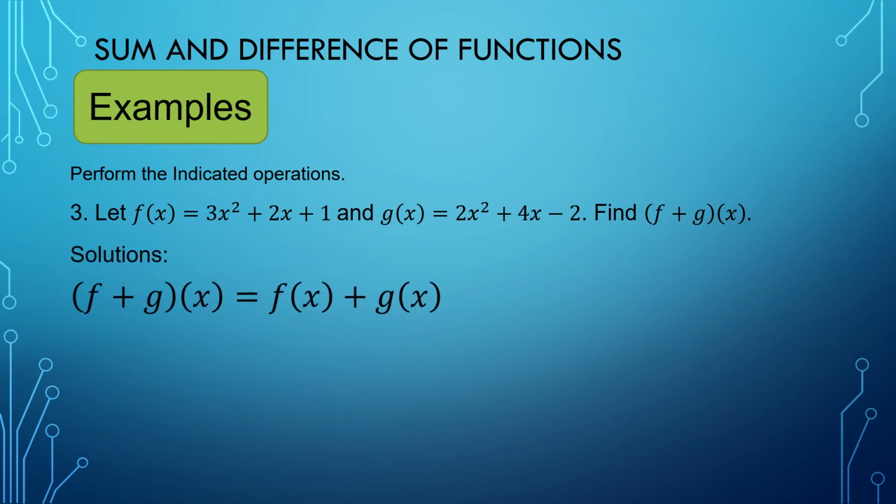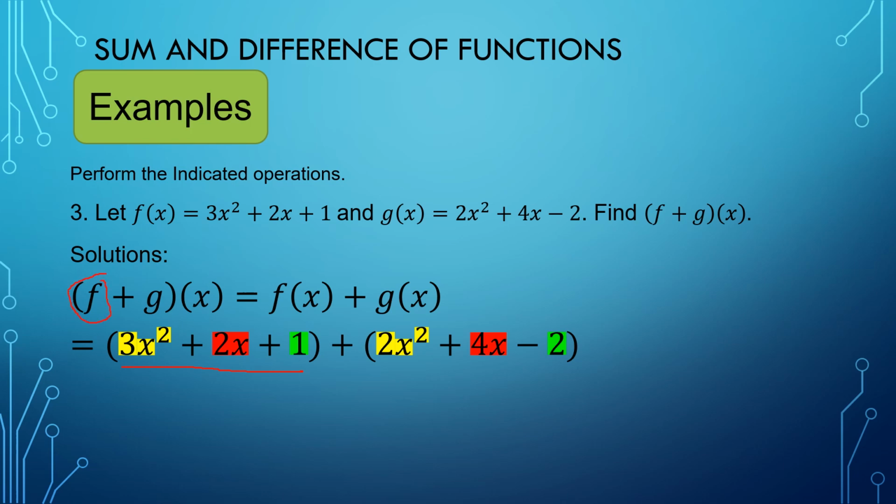Again, from the given definition of the sum of functions, we can write the quantity f plus g of x is equal to f of x plus g of x. So this is f of x, then this one is the g of x.